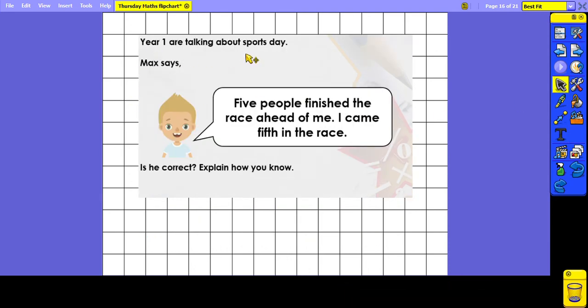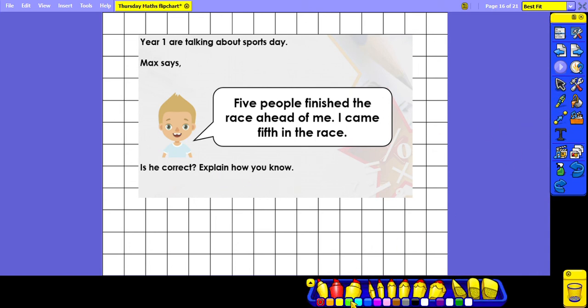Year 1 are talking about Sports Day. Max says, 5 people finished the race ahead of me. I came 5th in the race. Is he correct? Explain how you know. So 5 people finished ahead of Max and he says that he finished 5th.